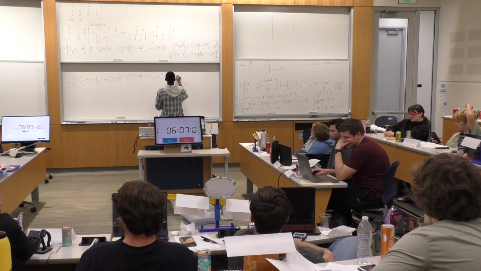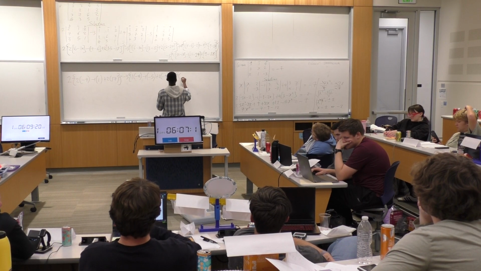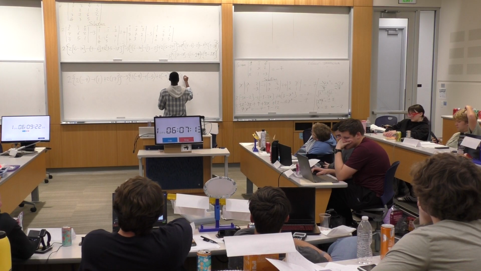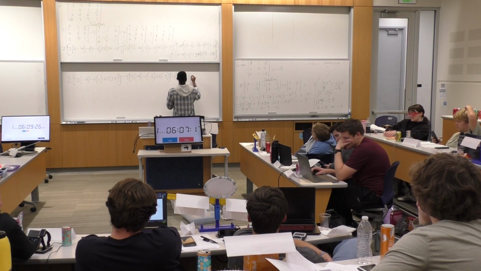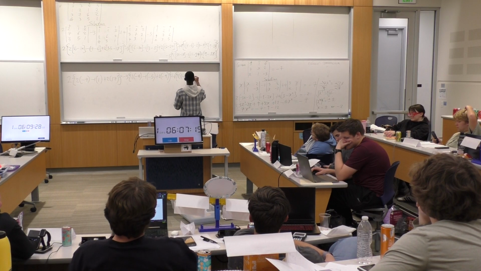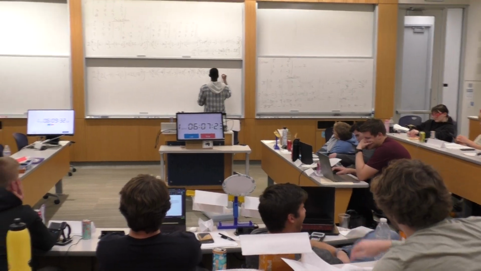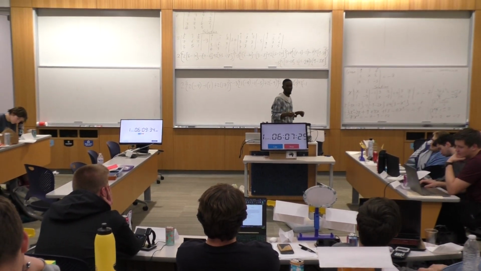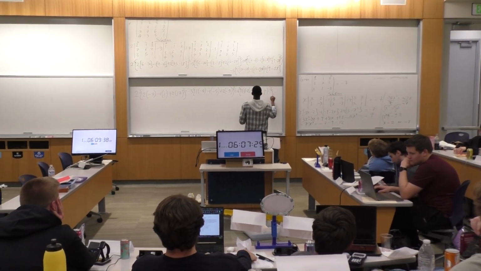Here we have 4 outside this big parenthesis. 1 into what? 1. Minus 2 into what? Minus 5. Good. Plus 2 into what? Negative 9. Negative what? 19. Okay. So we are done with this.